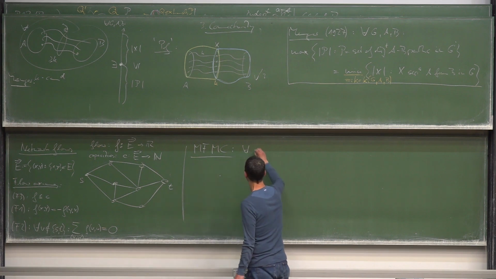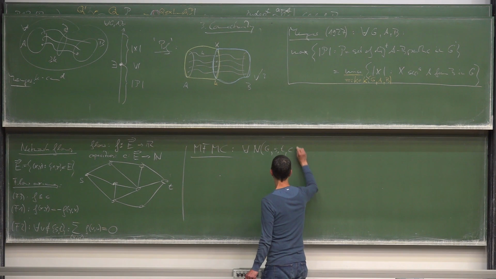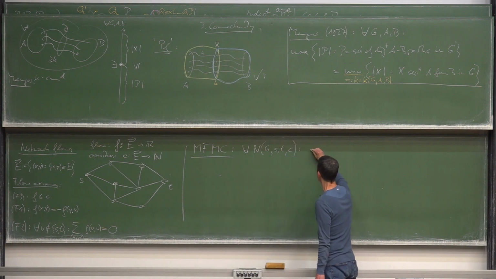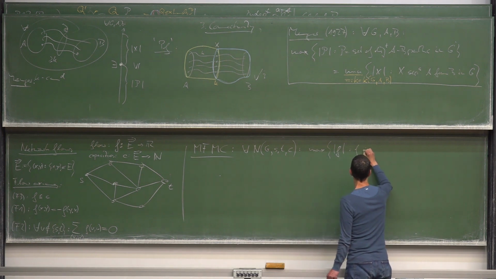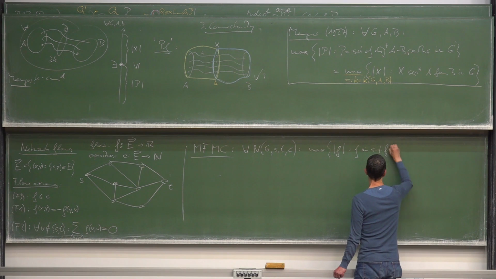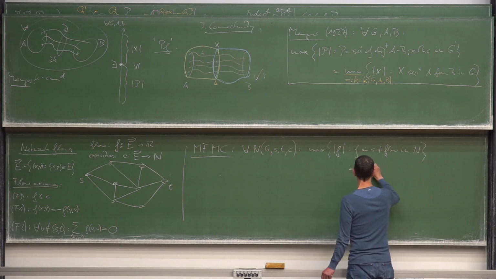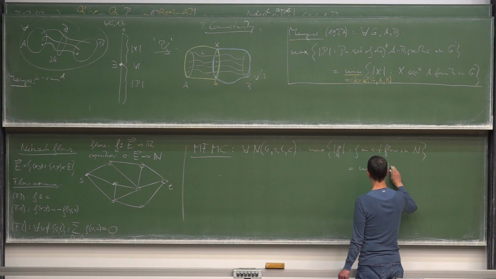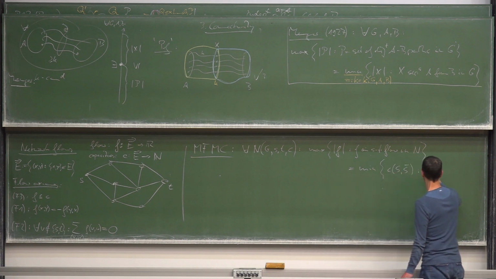In every network, which consists of a graph and a choice of S and a choice of T and a capacity function, the largest amount of flow, and I have to tell you what that is just now in a moment, equals the smallest capacity of an ST cut.